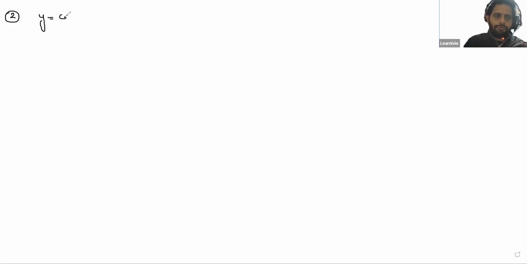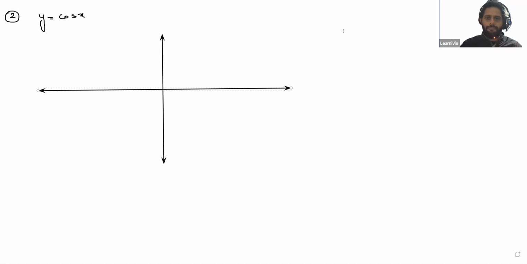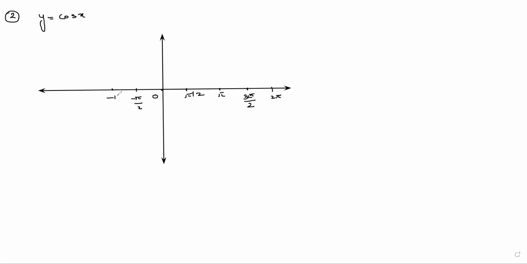So how will the graph of y is equal to cos x look?